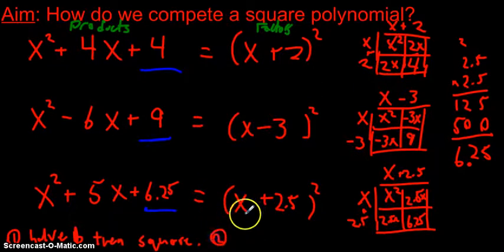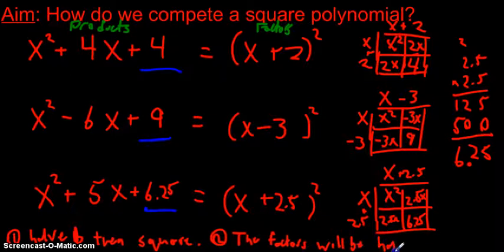The factors will be half b. So if we take half the b term and square it, we get the c term, and the factors are going to be the half amount. So the half amount is the factor amount, and the squared amount is the completion amount.